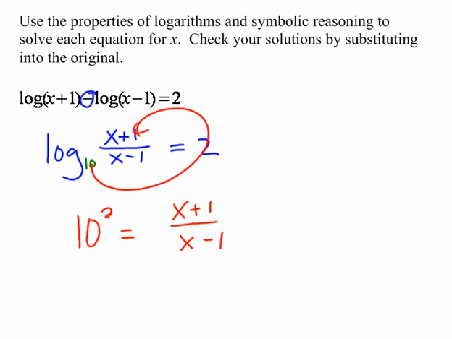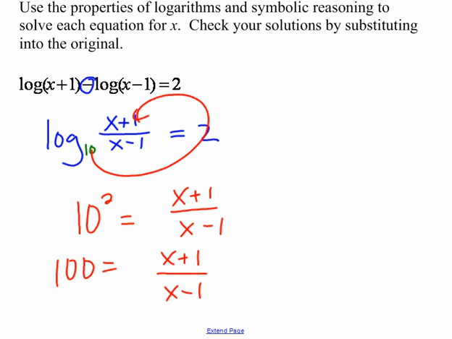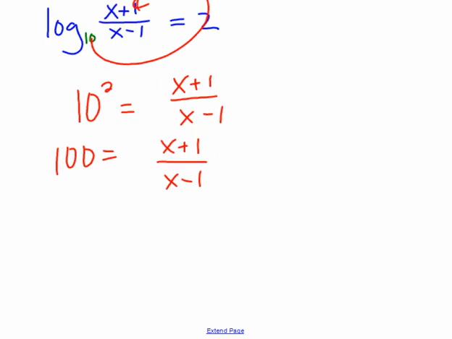All right, 10 squared we know is 100. And now I got to start solving for x. This one's a little bit harder to solve for x, but we got to get rid of the fraction. So you can either cross multiply, put that over 1, and then just say, okay, I've got x plus 1 times 1 equals 100 times x minus 1, if I just cross multiply.